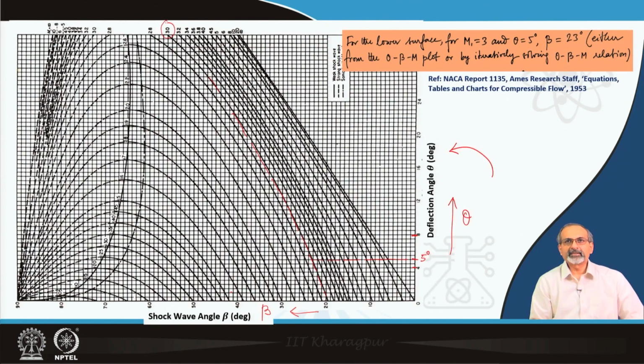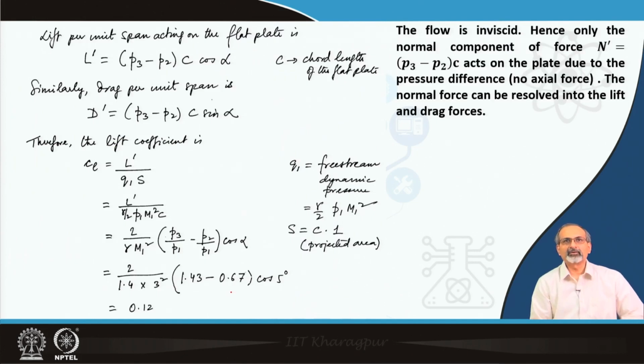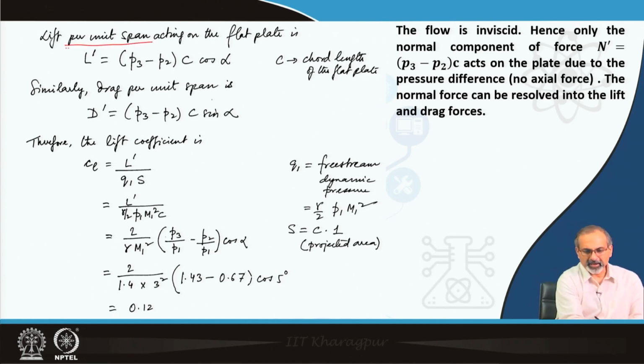Now, we have generated all the information which is required in order to calculate the lift and drag forces which are acting on the flat plate on a per unit span basis.